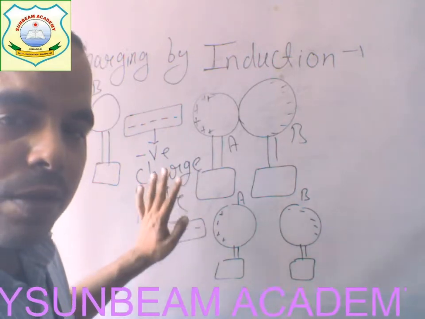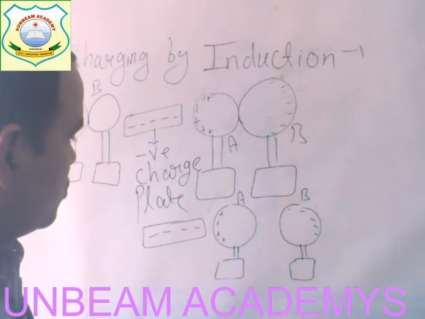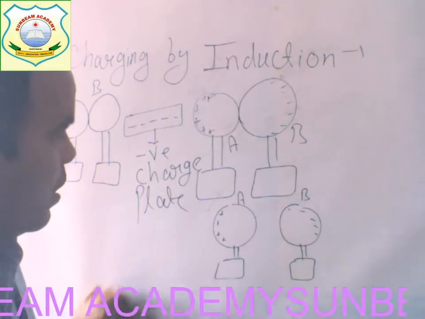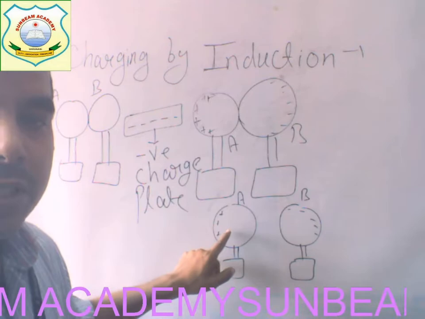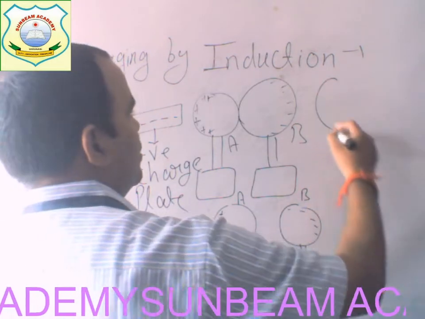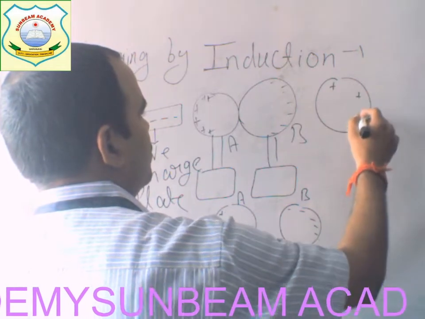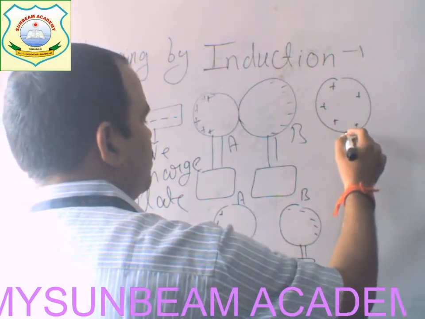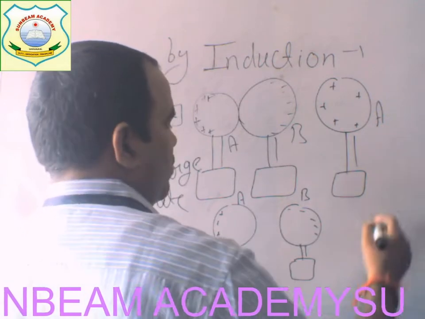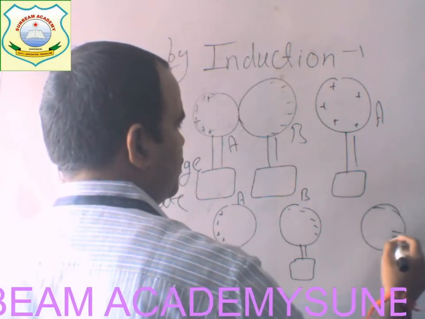Now if we remove this negative plate from this position, all these positive charges will disperse in the sphere equally, like that. Sphere A. In a similar way, sphere B.